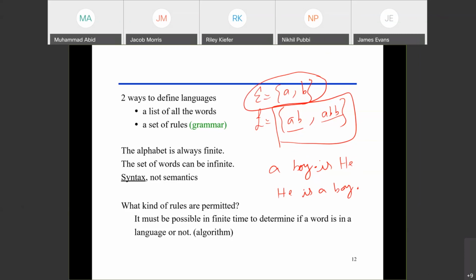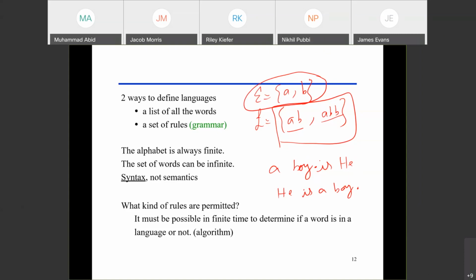We should create an algorithm which tells us in a limited time whether this word belongs to this language or not. This will be our algorithm, our code, our program, our set of rules, which will define whether this word is a valid word and belongs to this language or not. And it should not take forever.